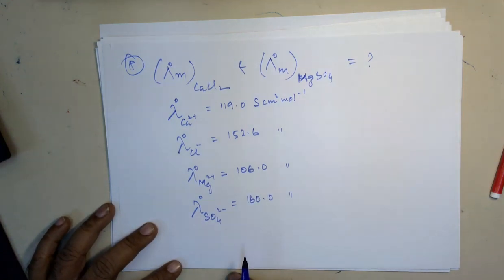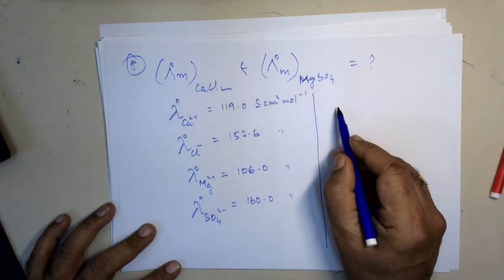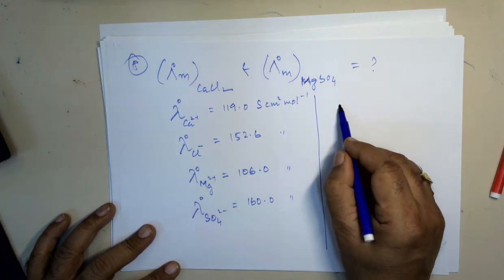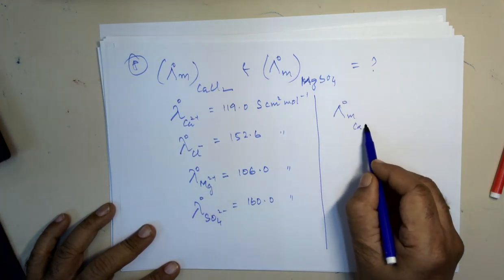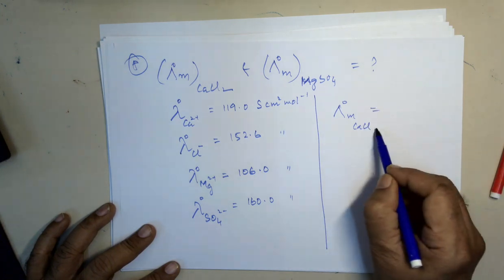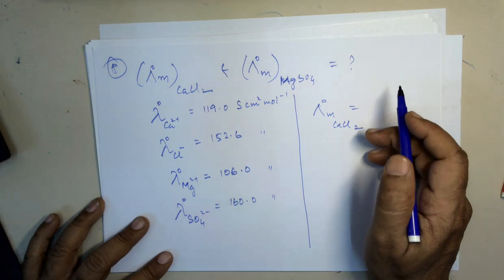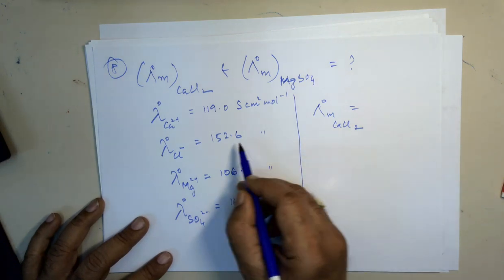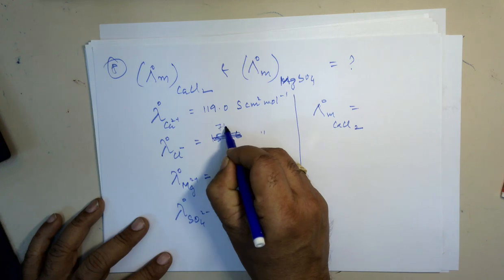Based on that, you should be able to find out. We already have the law. Let us find the first one. Lambda naught m according to Kohlrausch law for CaCl2 should be the sum of the respective ions. So the chloride value is not 152.6, it is 76.3.